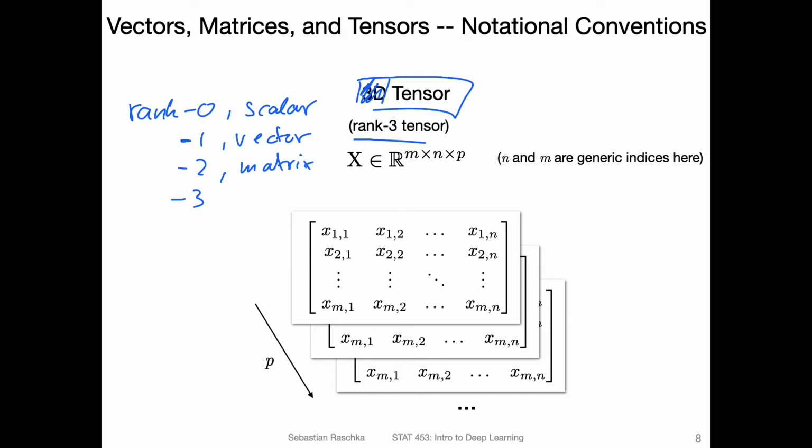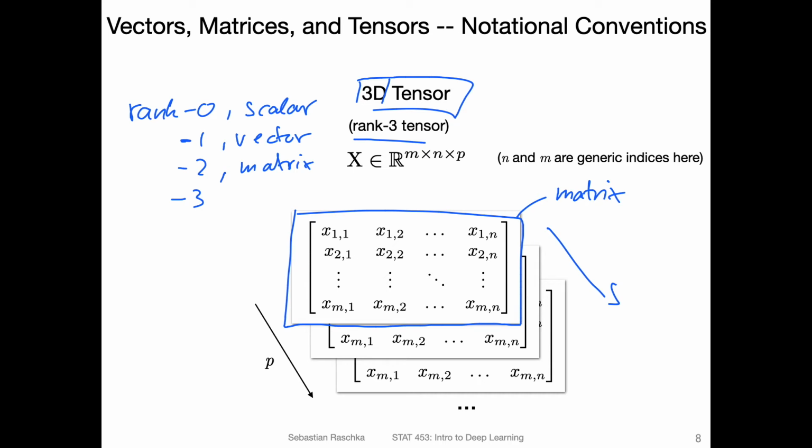So what is a 3D tensor then? You can think of it as a stack of matrices. If each of the boxes here represents a matrix, a rank 2 tensor, then a 3D tensor in the context of deep learning is like a stack of matrices, multiple of these matrices stacked on top of each other.